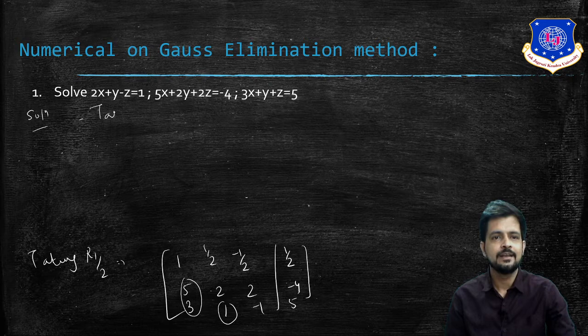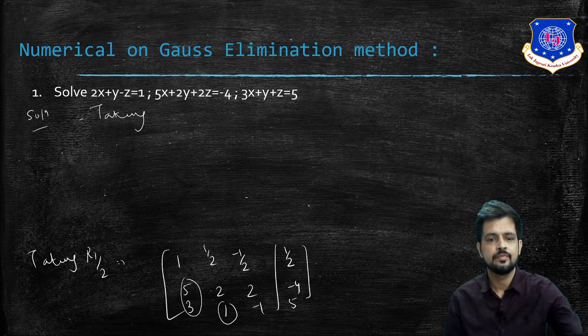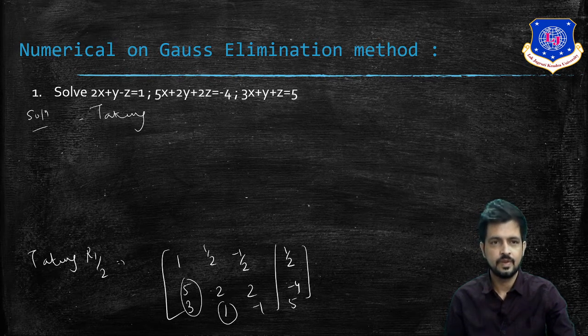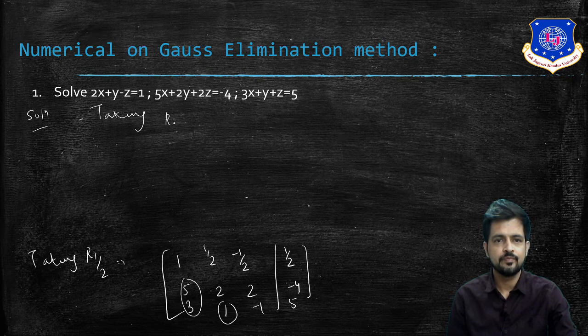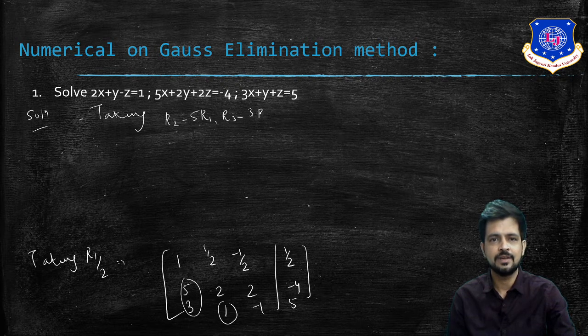Okay, by taking R2 minus 5R1 and R3 minus 3R1, we can make these two elements 0.